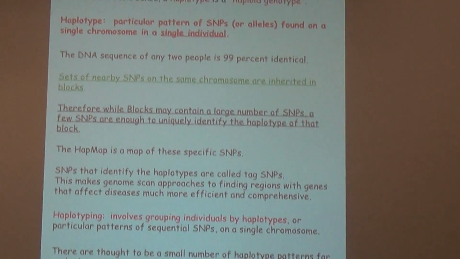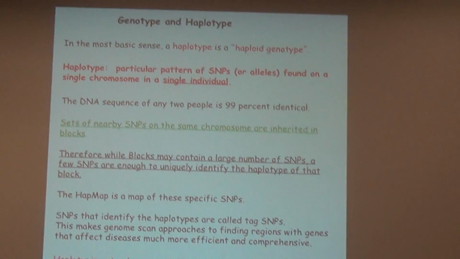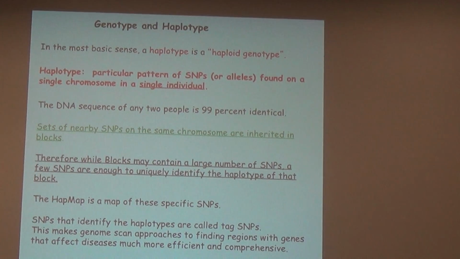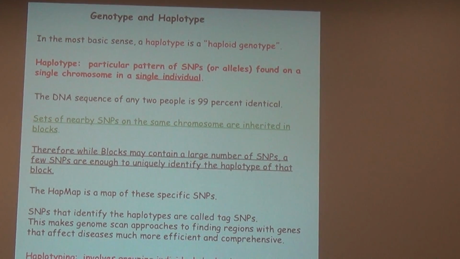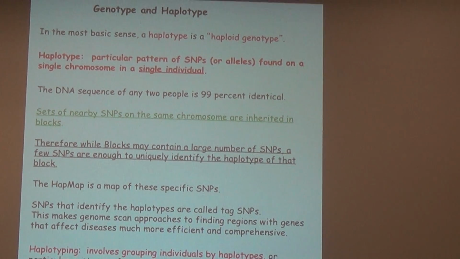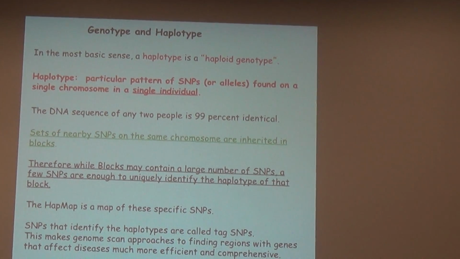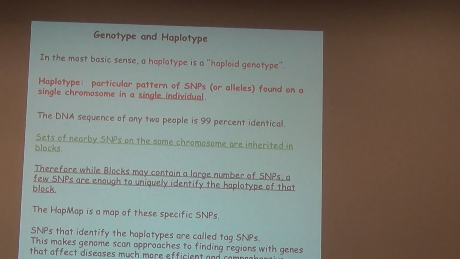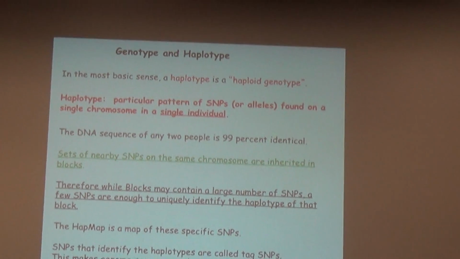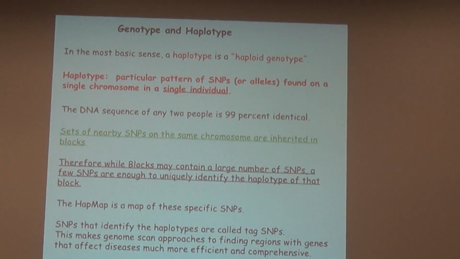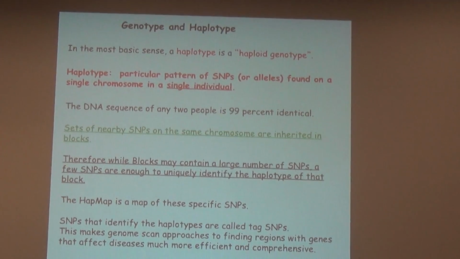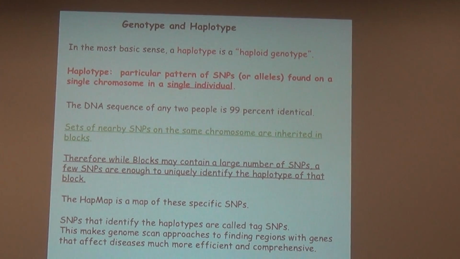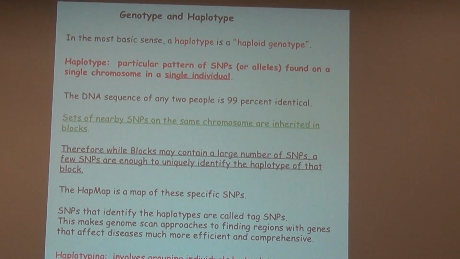Okay, and so once you've identified the genotype pattern of the entire genome, you can write it all out. Chromosome 1, SNP1, in individual 1, the sequence is an A. Chromosome 1, SNP2, in individual 1, the sequence is a G. And so on for SNP3 and SNP4 and for SNP 1 million.